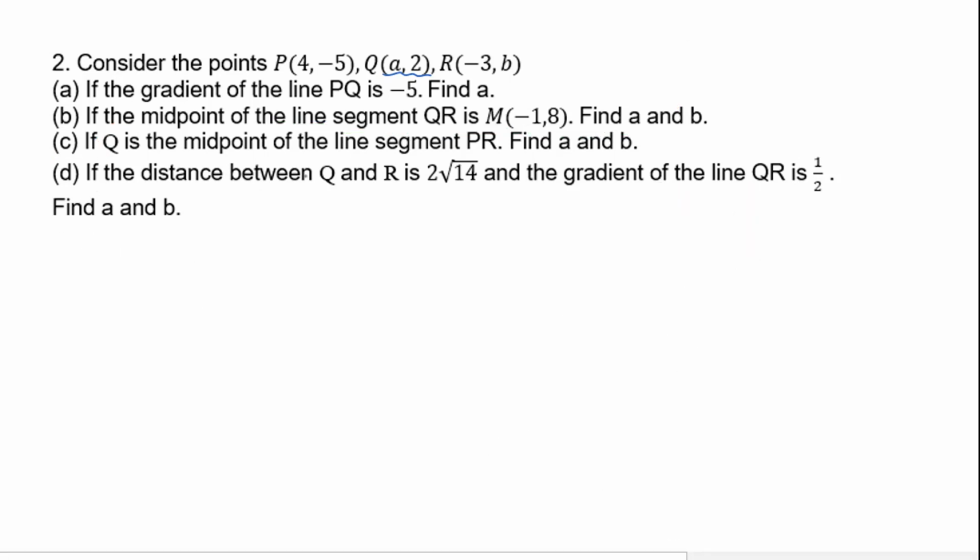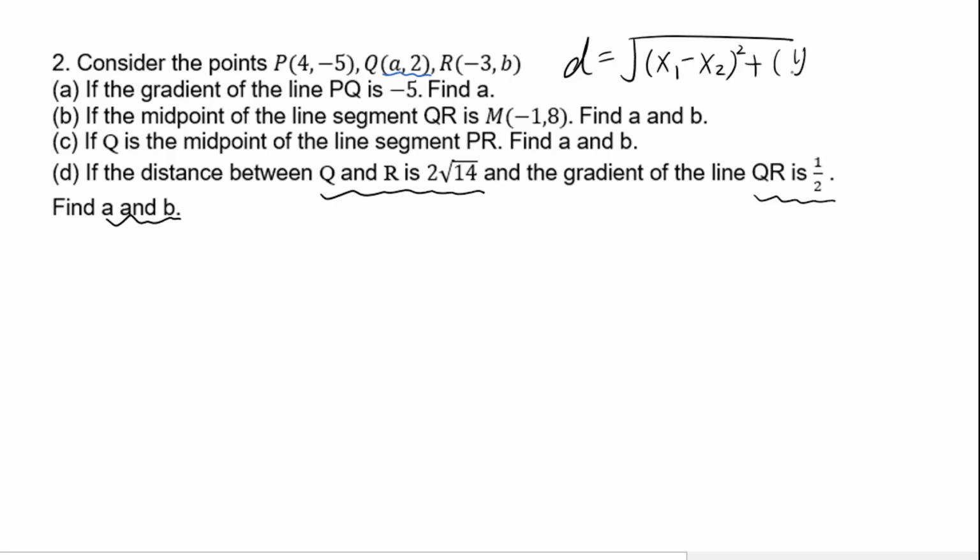Now let's go to D. If the distance between Q and R is 2 square root of 14, and the gradient of the line QR is 1 over 2, find the values a and b. We know the distance formula equals the square root of (x1 minus x2) squared plus (y1 minus y2) squared.